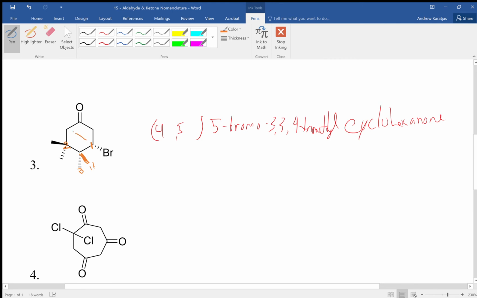Our arrow goes counterclockwise, which would be S, but because our low priority group, the hydrogen, points forward, we take the opposite, which is R. Similar type of situation for carbon 5. Bromine is highest priority, second to the left, and third up here. Arrow goes counterclockwise, but again, our low priority group, the hydrogen, points forward, and so we have 5R.